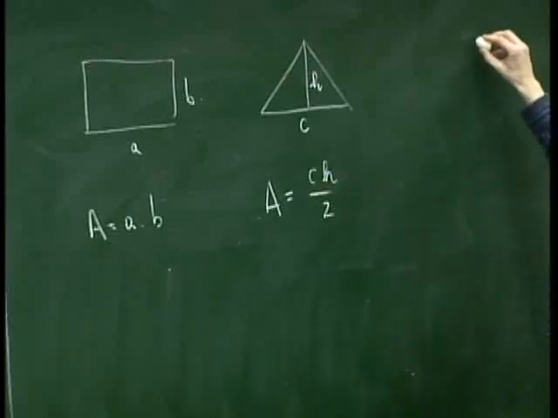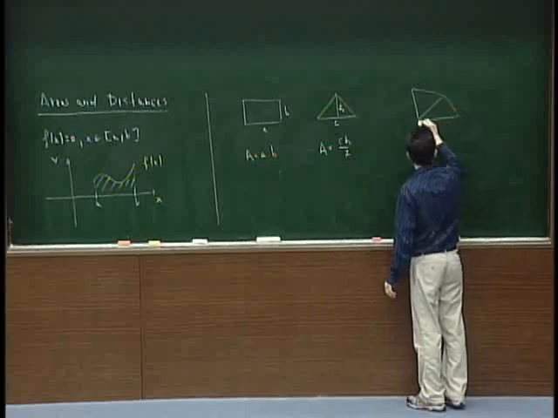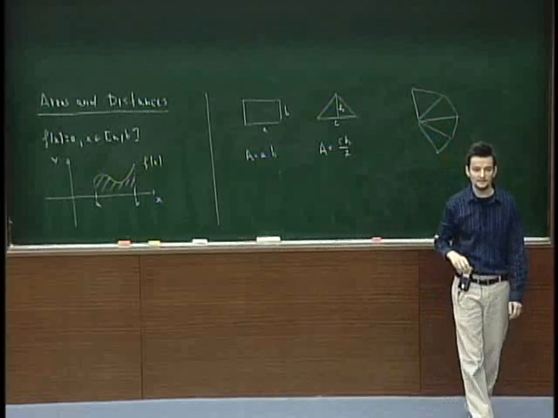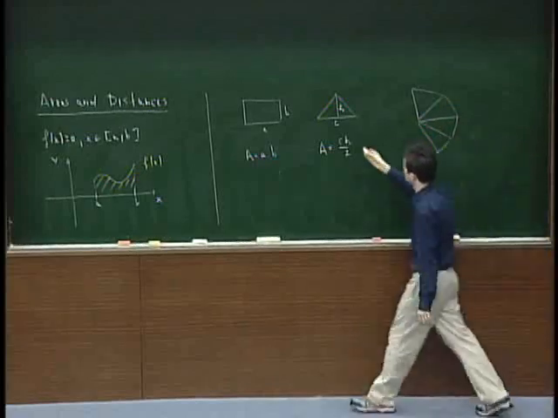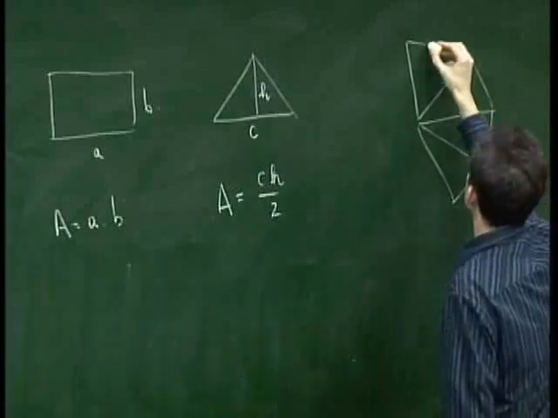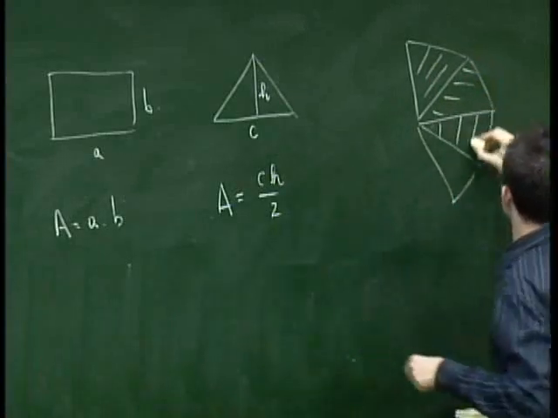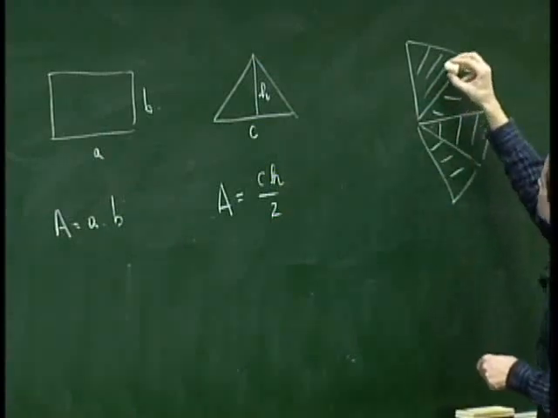Normally in high school, you discuss many problems where you have more complicated objects, something like this here, and you have to find the area. What you do is divide it into rectangles, and compute the sum of the areas of the rectangles using this definition.